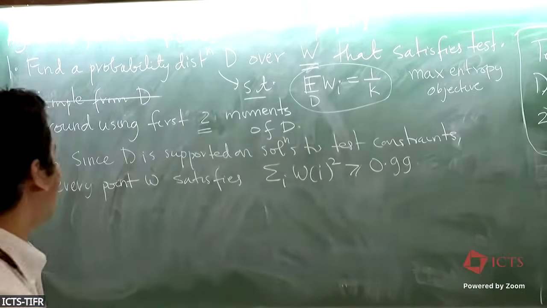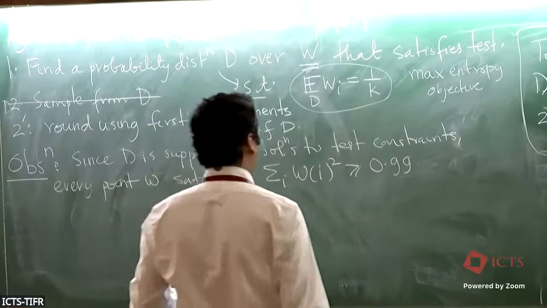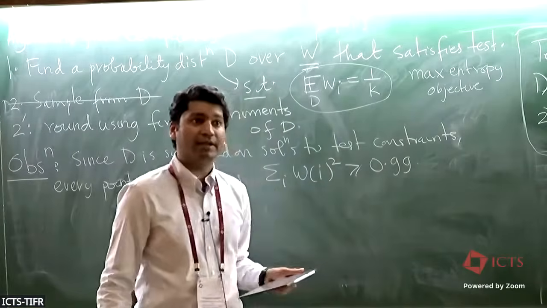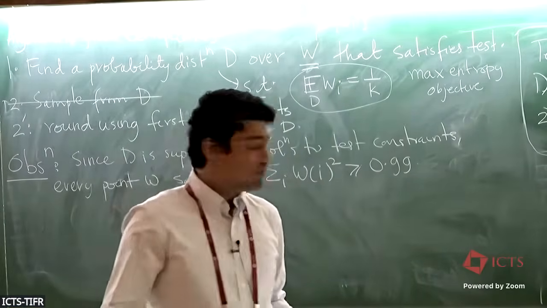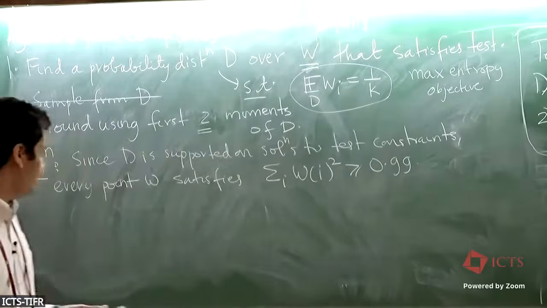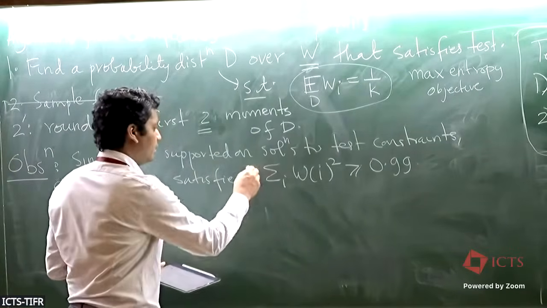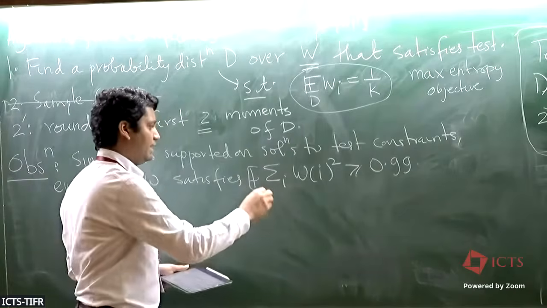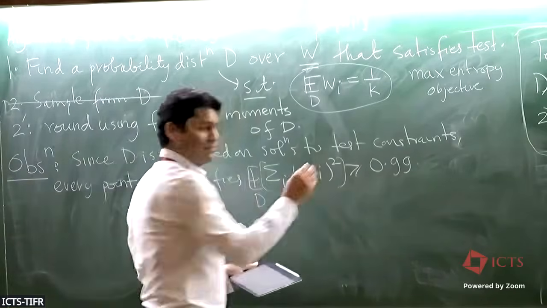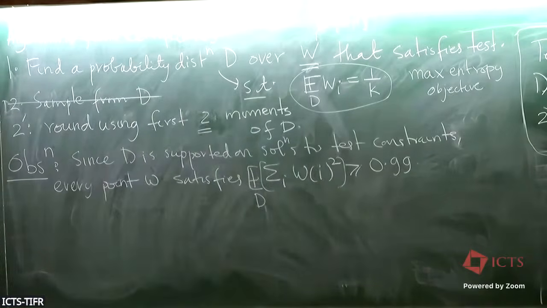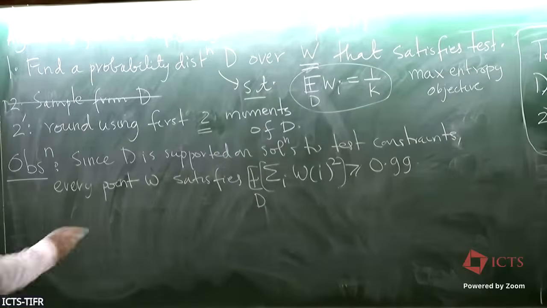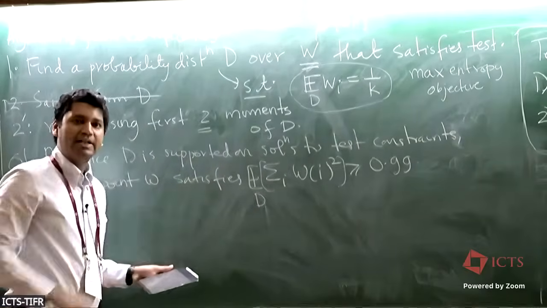We know that the sum of Wi squared is supposed to be 0.99 on any W that satisfies the constraints of the test. D is supported on only such W's. So it must be true that every point in the support satisfies this. In particular, it must hold that if I take the expectation of some Wi squared, I should get at least 0.99. Yes? Good.